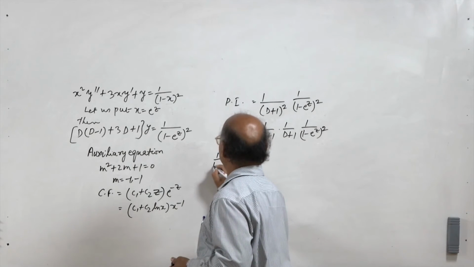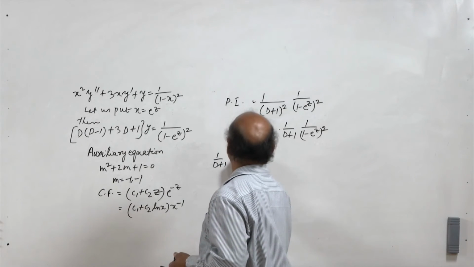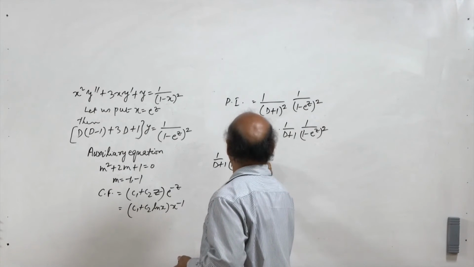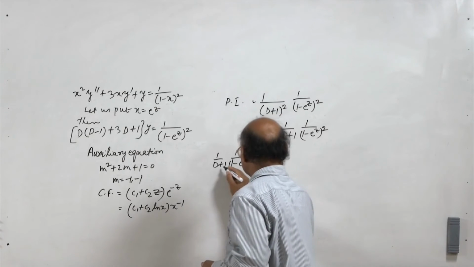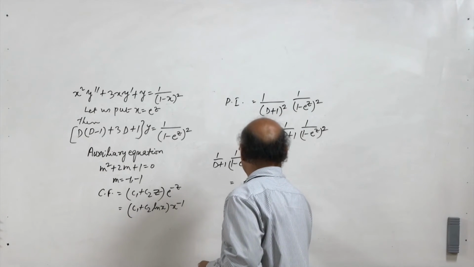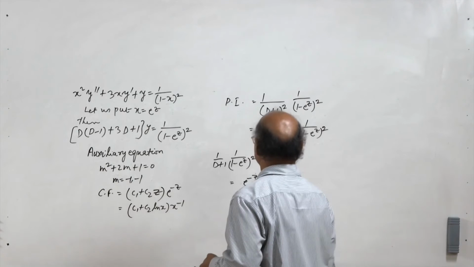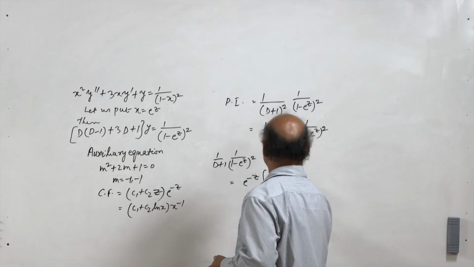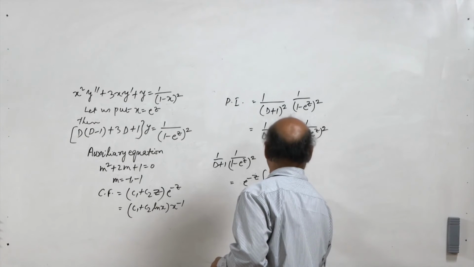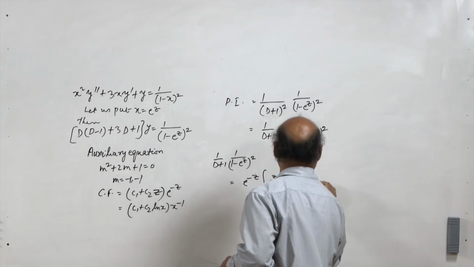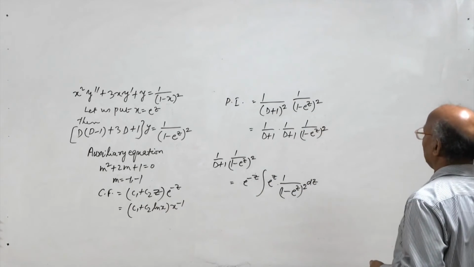So 1 over (d + 1), when it operates on 1 over (1 − e^z) whole square, what we get is e^(−z) integral e^z into 1 upon (1 − e^z) whole square dz. Now here we have applied the formula of the general method.